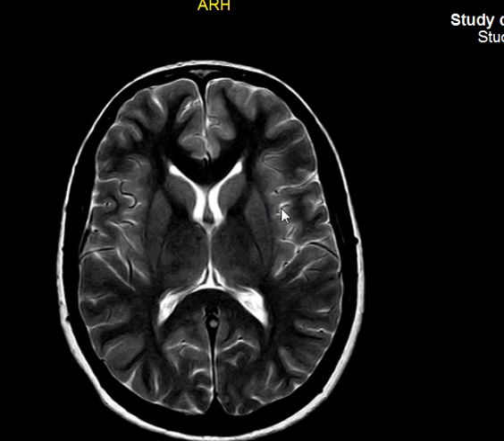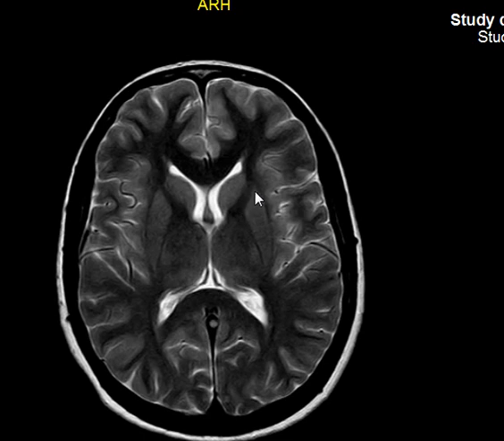So when I say lentiform nucleus, I'm talking about both of them. When I say globus pallidus, I'm talking about the medial part of the lentiform nucleus. When I say putamen, I'm talking about the lateral part. Putamen is usually larger. Now, if you look carefully between the head of the caudate nucleus and the lentiform nucleus, you can see some very thin white lines, like striations.